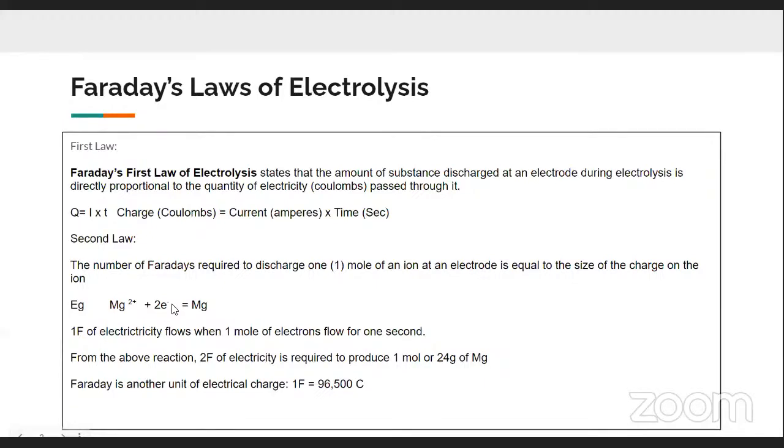So the fact that 2 moles of electrons are in this half equation tells you that 2 Faradays of electricity are required to discharge 1 mole of Mg2+ to give you 1 mole of magnesium. Of course, 1 mole of magnesium weighs 24 grams. 2 Faradays produce 1 mole of magnesium.